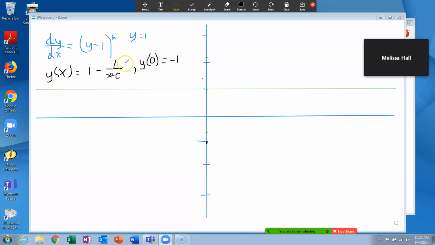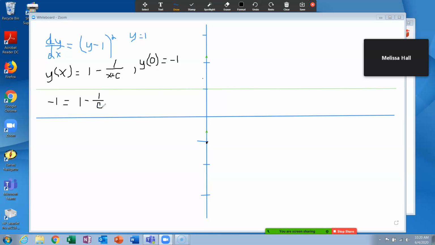Now, but this is your equation. So with this value in mind, x equals 0, y is equal to -1, plug that in here. So y is -1 is equal to 1 minus 1 over c, where x is 0, so here is your c.